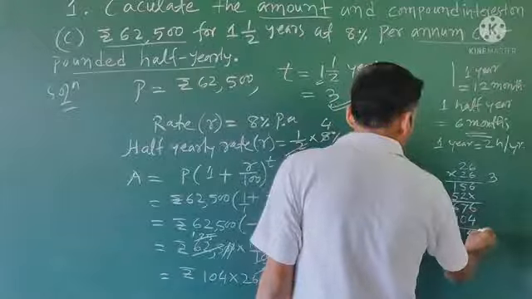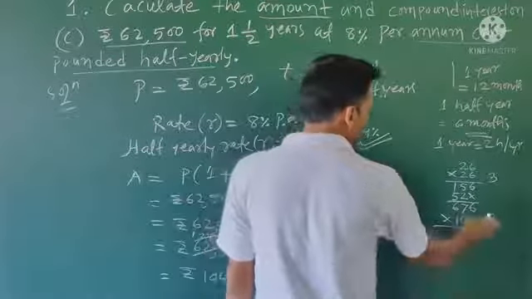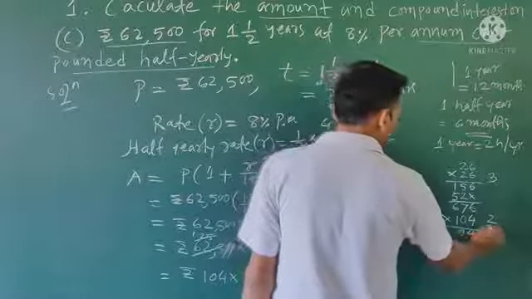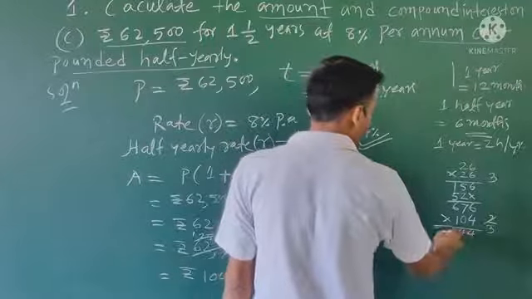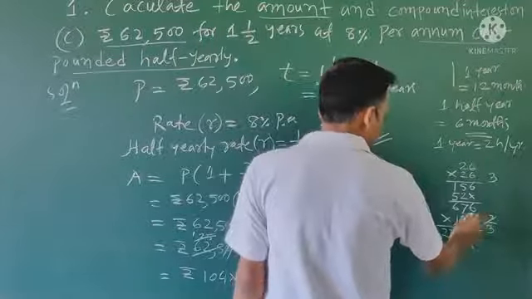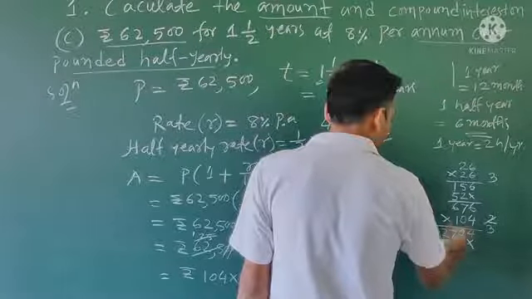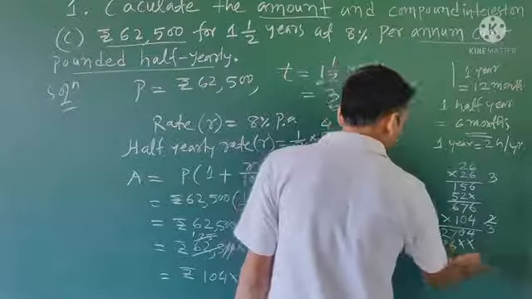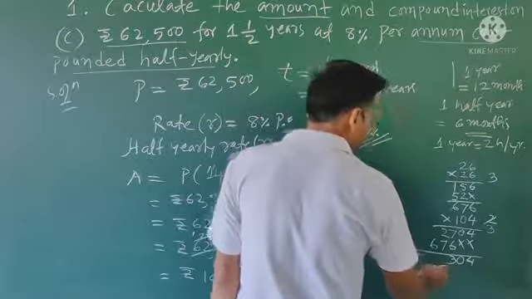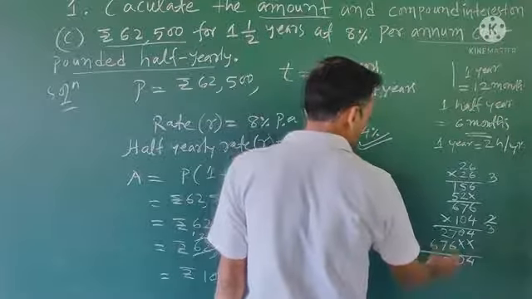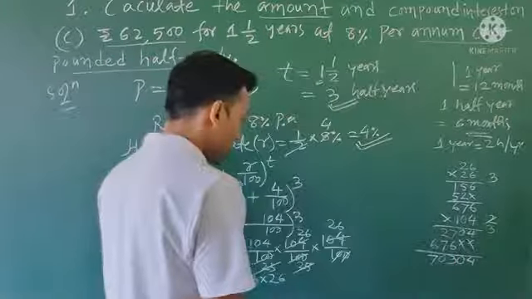4 6s are 24. 2 in hand. 4 7s are 28 plus 2 is 30. 3 in hand. 4 6s are 24 plus 3 is 27. Now this is the 0 line, cancel it. 1 6 is 6, 1 7 is 7, 1 6 is 6. 4 0 6 plus 7 is 13. 1 in hand. 7 plus 2 is 9 plus 1 is 10. 1 in hand. 6 plus 1 is 7.